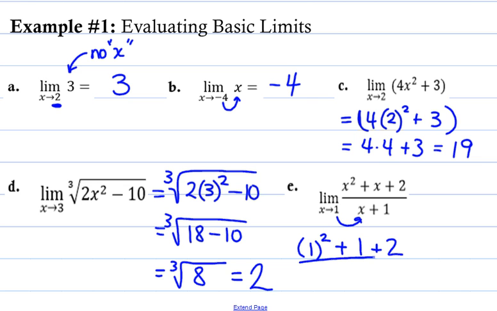And then the bottom part, plug in the 1 plus 1. So 1 squared, that's 1. So 1 plus 1, that's 2. 2 plus 2, that's 4. 4 on top. And then 1 plus 1, that's 2. I get 4 halves, which is the same as 2. So this is just the basic stuff.